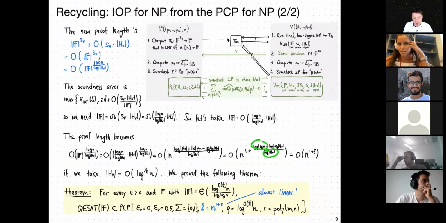But on the flip side, pretty much almost any PCP that I know has this structure, and indeed the first constructions of IOPs were of this sort. So the IOP model is something that my colleagues and I introduced a few years ago. And at the very beginning, the way that we tried to construct interesting IOPs was to basically go back to PCPs and interactivize them, right?